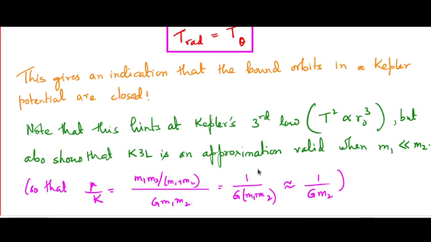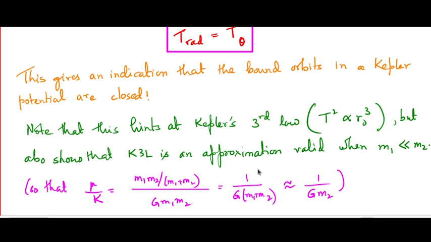But note one thing, not only does this hint at Kepler's third law, it actually also says that the original statement of Kepler's third law, that if you take all the planets in the solar system, the square of their time periods is proportional to the cube of their semi-major axis, is actually an approximation. Since the so-called constant that is sitting between T squared and r0 cubed involves mu over k.